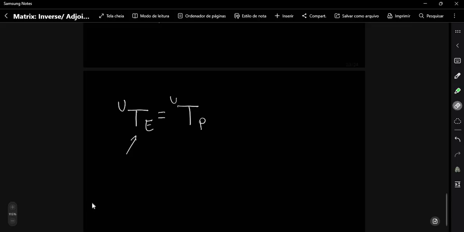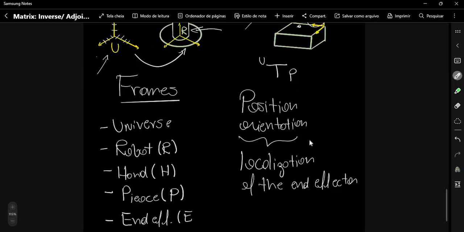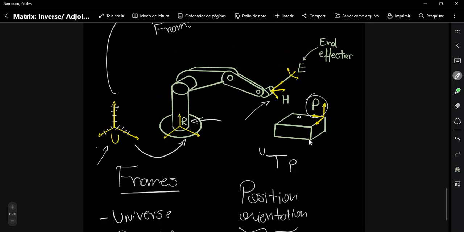And we also can have another path that describes the position and orientation, which resumes on the localization of the end effector, which is the transformation of the end effector in relation to a reference universe.